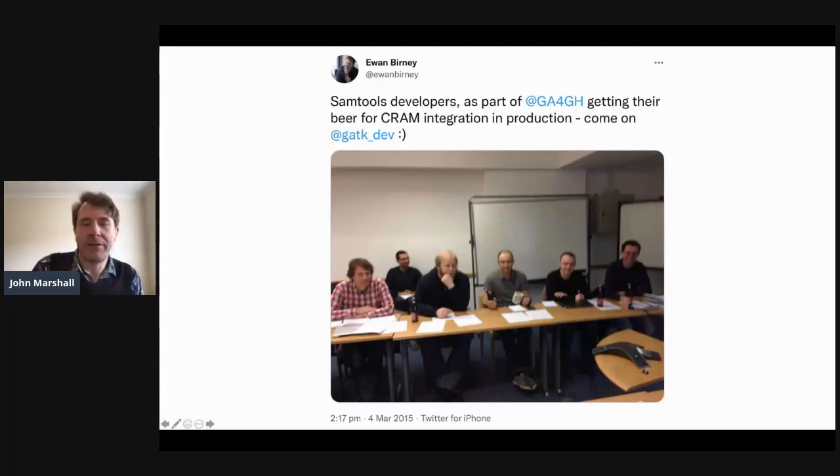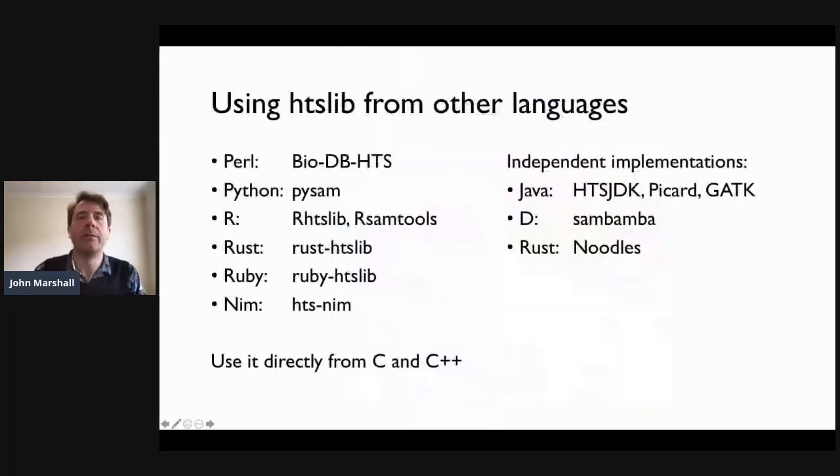And that mention of GATK brings us into this slide a little bit, which is htslib pulled out as a library useful for other programs. You can use it directly from C and C++, and there are also a number of bindings from other languages.